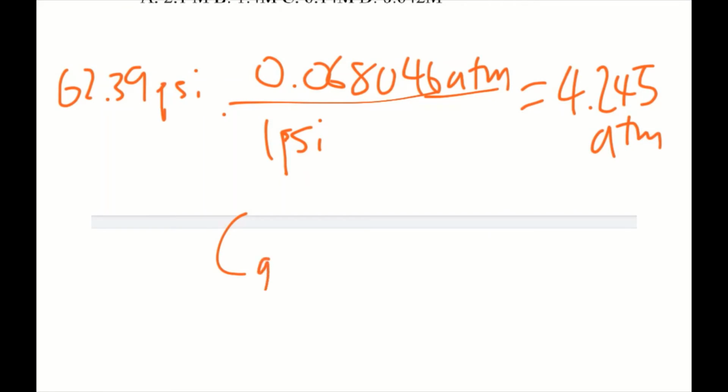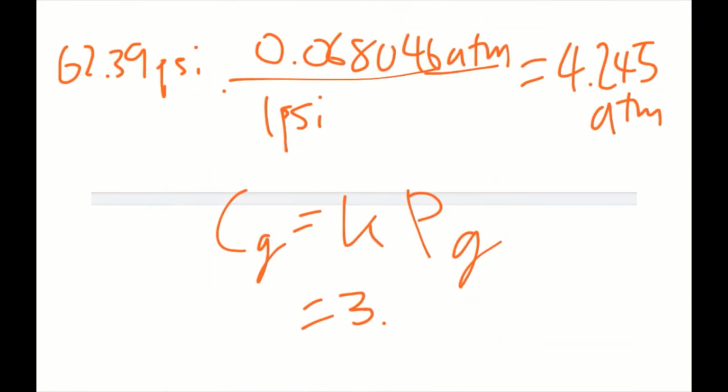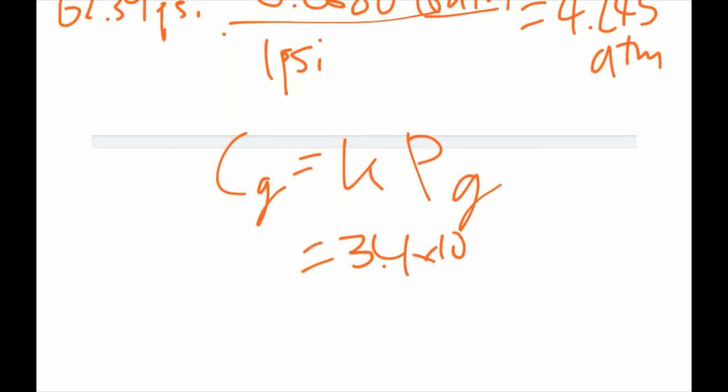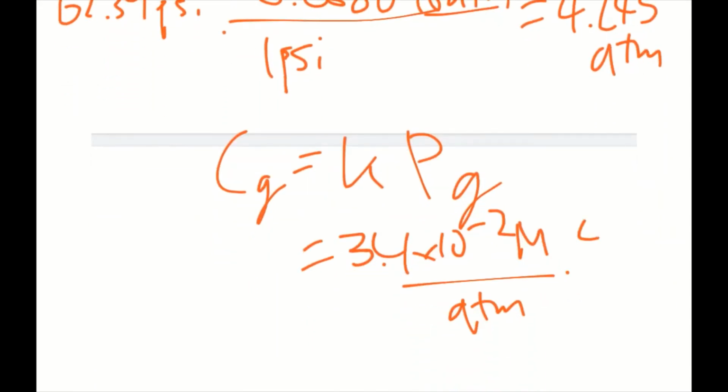Now we can use Henry's law. C of the gas is equal to K times the partial pressure of the gas. And we know that K is equal to 3.4 times 10 to the negative 2 molar per ATM times the partial pressure of the gas, which is 4.245 ATM.